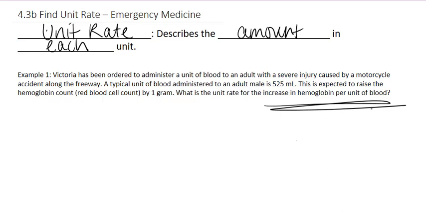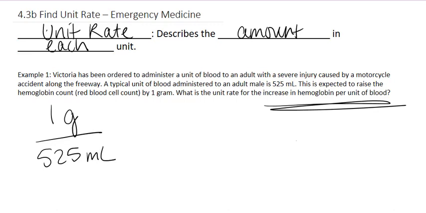So, as with the previous lesson, the word per tells us to divide. This means that we have grams divided by milliliters of blood. So we would write down 1 g, g stands for gram, over 525 milliliters.